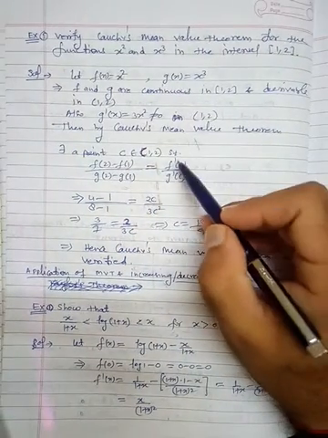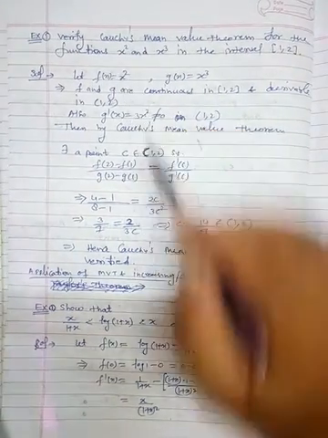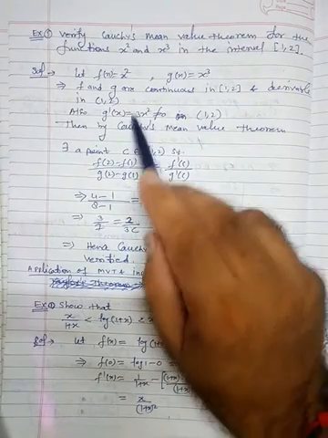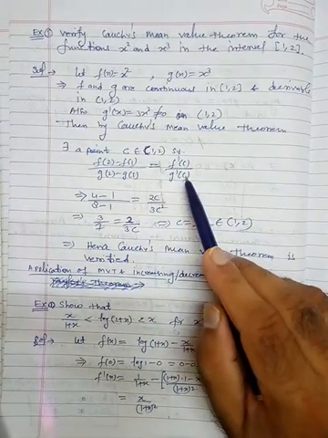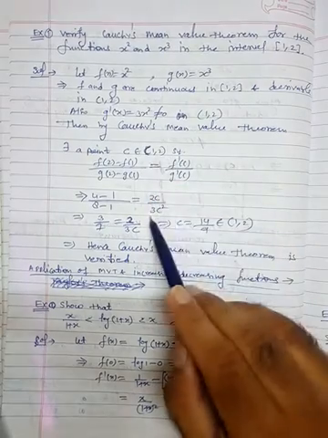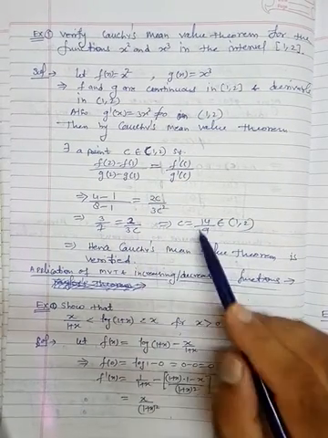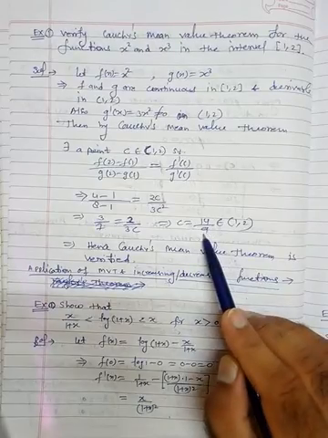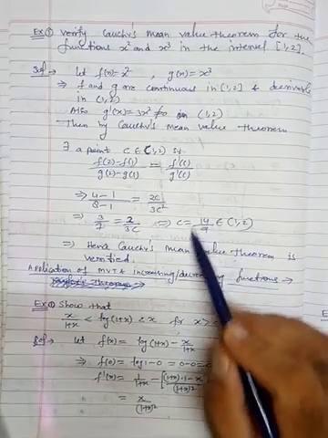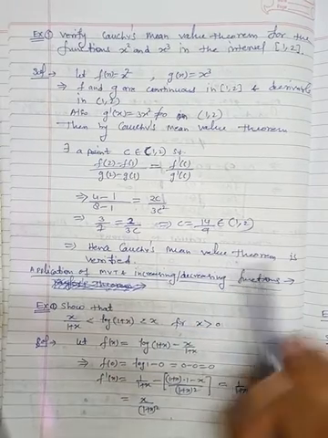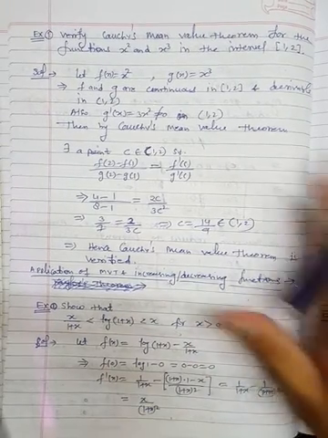So derivative at point c its value will be 2c divided by g dash c. g dash x is basically 3x square. So at the point c its value will be 3c square. So from here simplify and find out c. So c is equal to 14 by 9. And clearly this value is in between 1 and 2. Hence Cauchy mean value theorem is verified in this case.